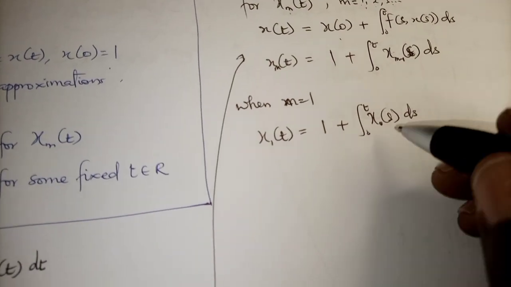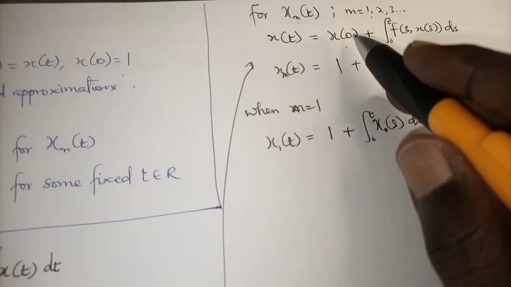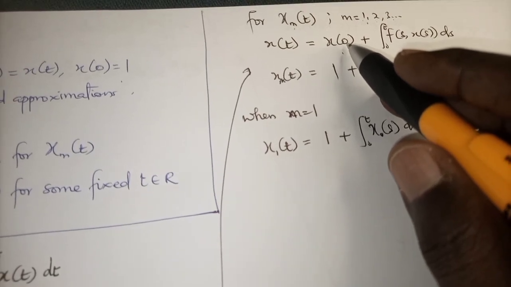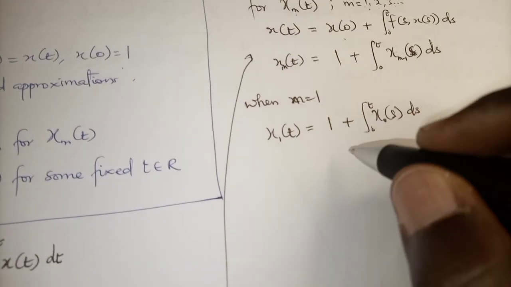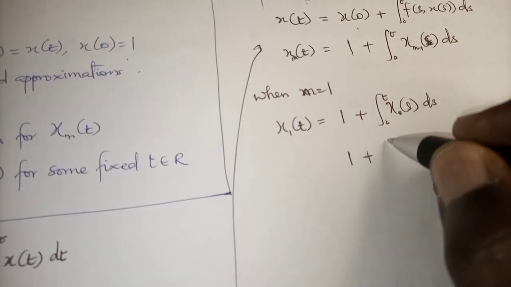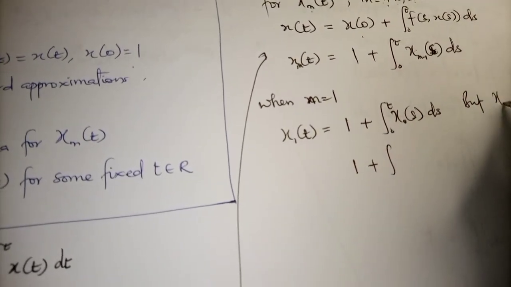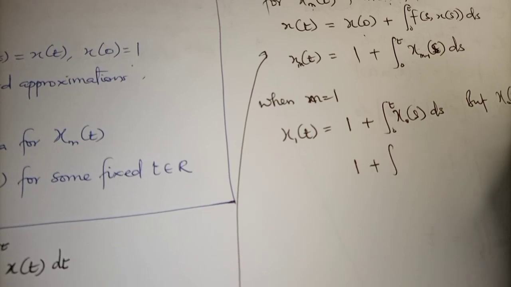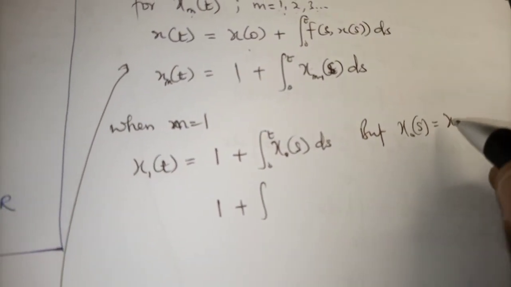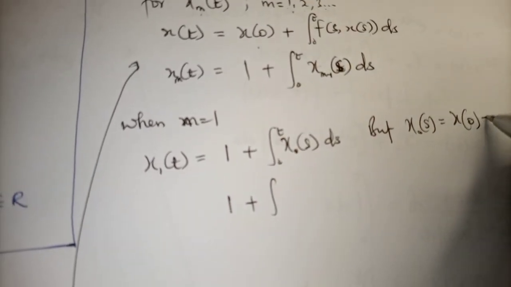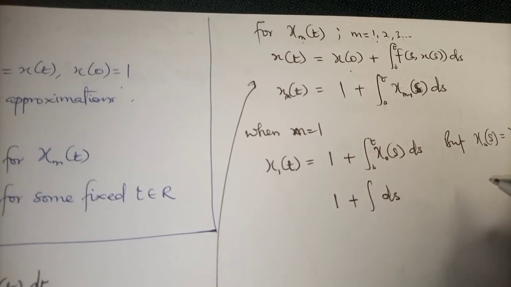Now we know that x sub 0, from the question, is 1, so this will be 1. We know that x sub 0 of x equals x of 0 equals 1, so here we'll have ds.